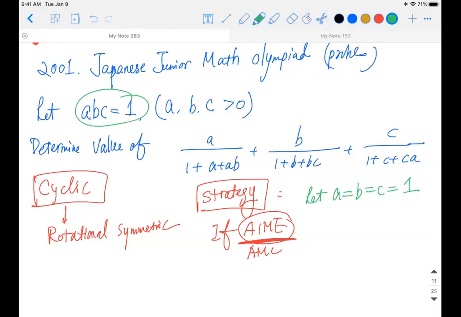They're all positive, and the product equals 1. Then you just plug in the values: 1 over 3, 1 over 3, 1 over 3 equals 1. Voila, that's the solution. So far, so good? That's our shortcut way to solve the problem.